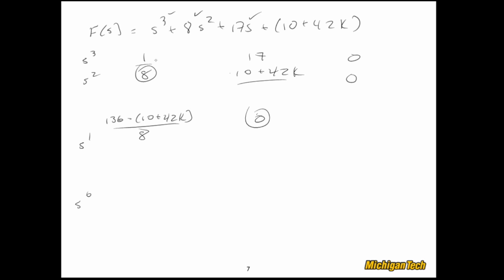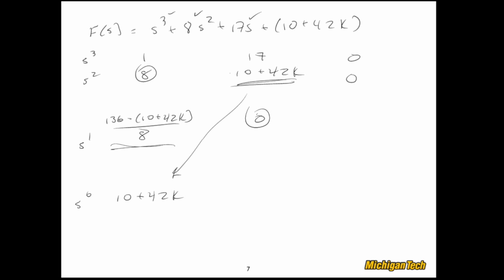And for my last element, I take this, multiply it by this, subtract off 0, and divide by this. So I just get, as I mentioned before, this element goes right down to there.